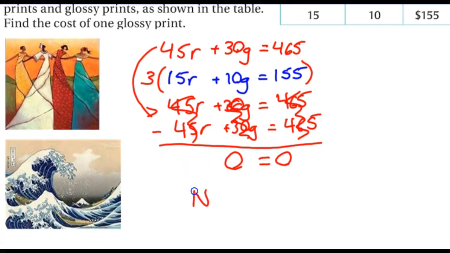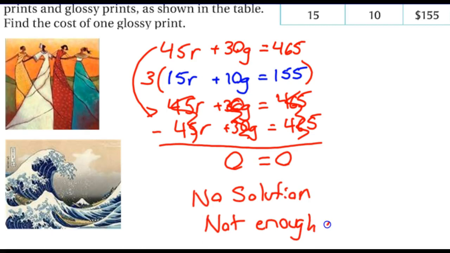Now that means that this problem didn't give us enough information. So there was not enough information to find the price of one glossy print for this problem.